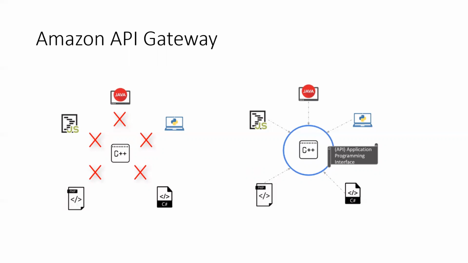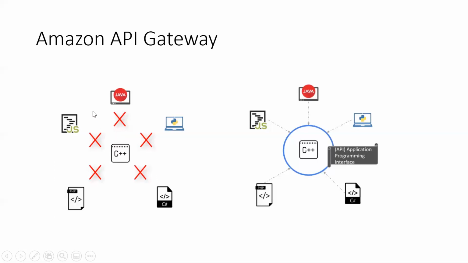Now let's see what we are trying to convey with these two diagrams in the slide. Suppose you have created some application in C++. Now if some other person who has written an application in another language wants to talk to your code or use your functionality, he cannot communicate directly, because some mechanism should be set up.